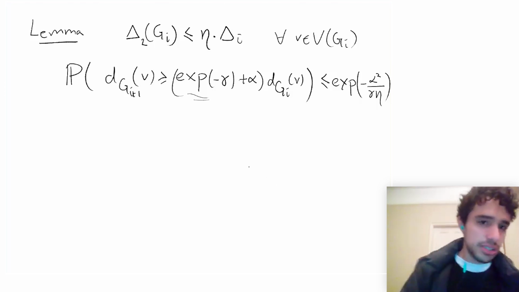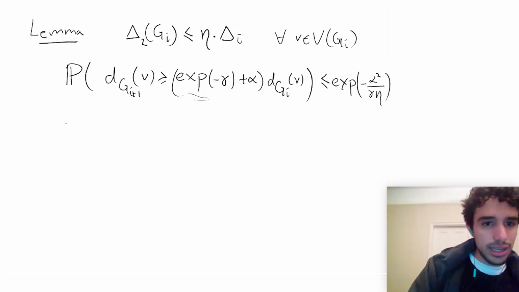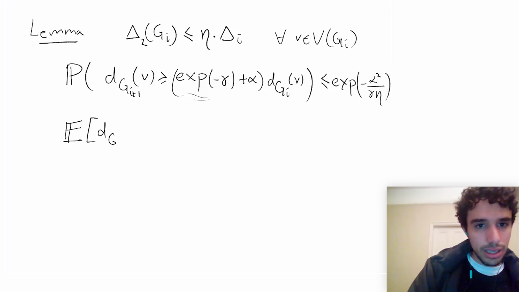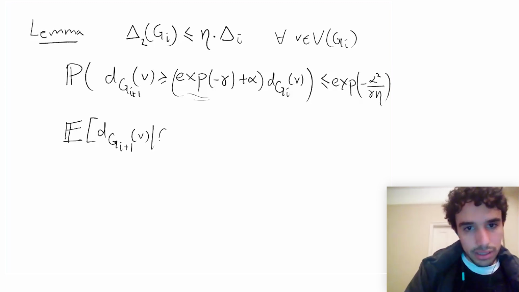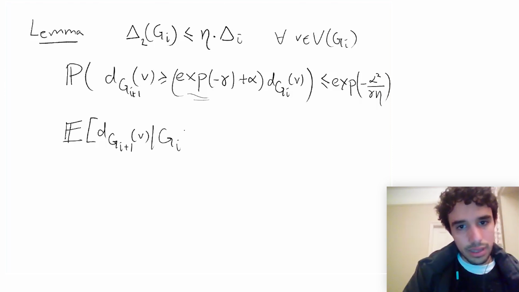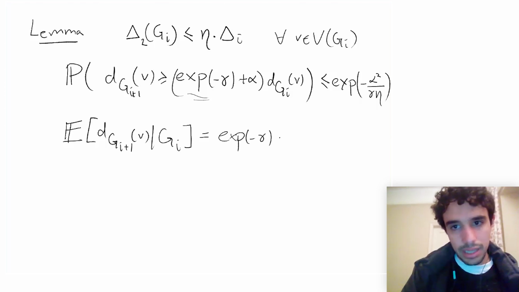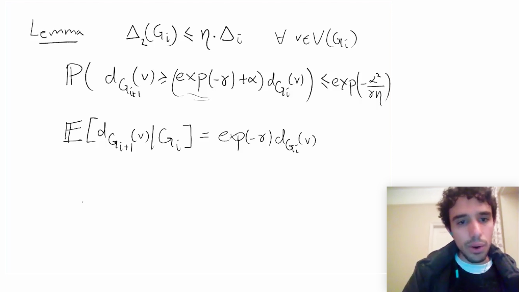And I should say that the expectation of the degree in G_{i+1}, given G_i, is going to be just exponential of minus gamma times d_{G_i}. The reason for this is very simple.